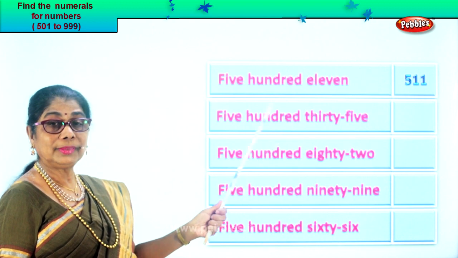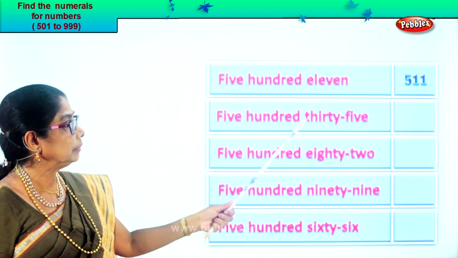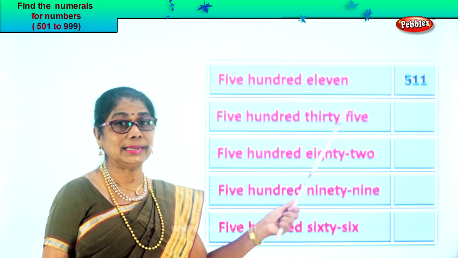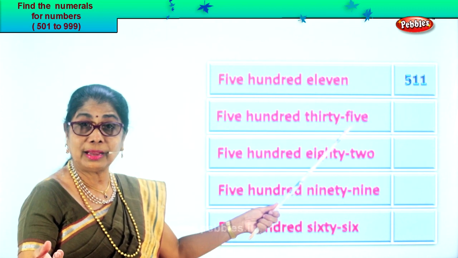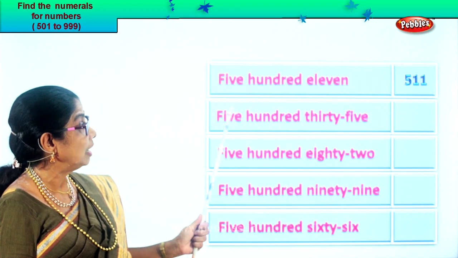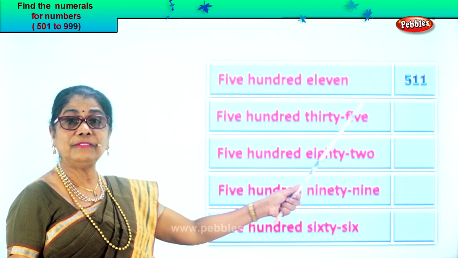500. How many hundred? 5. 35. I told you, 3-digit numbers. 535. 5 in the 100 place, 3 in the tens, and 5 in the ones place. 535. That's it.